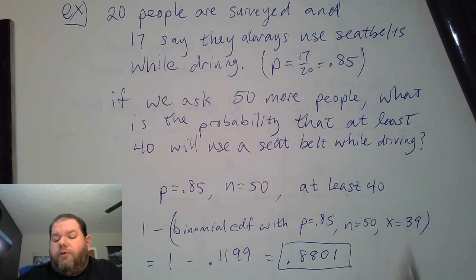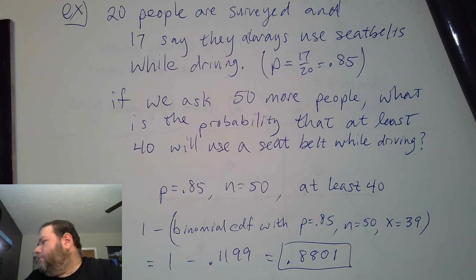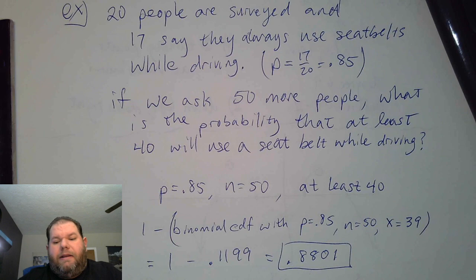So if we want 40 or more, then we take 0 through 39, the probability of that happening, and subtract it from 1 to get the probability of 40 plus happening. And it's completely based on complementary probability. Okay, good.